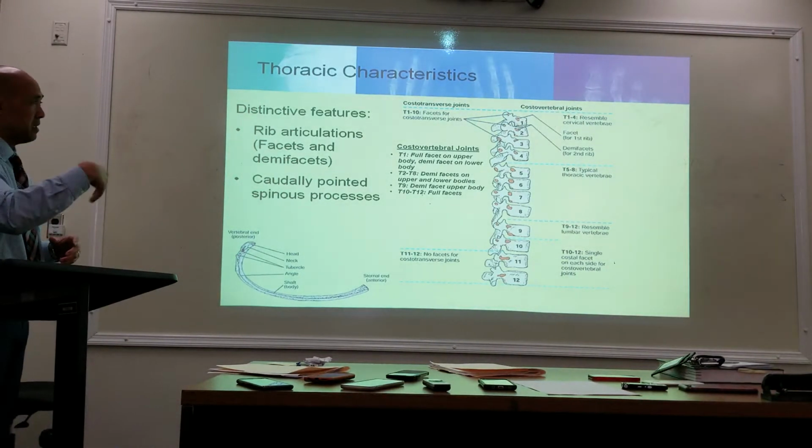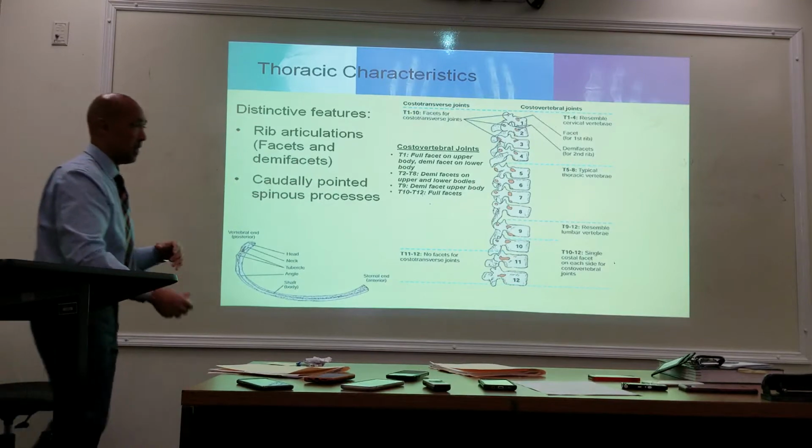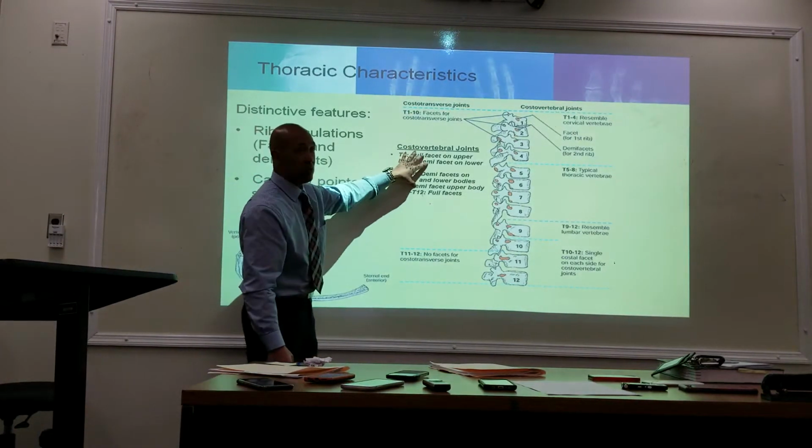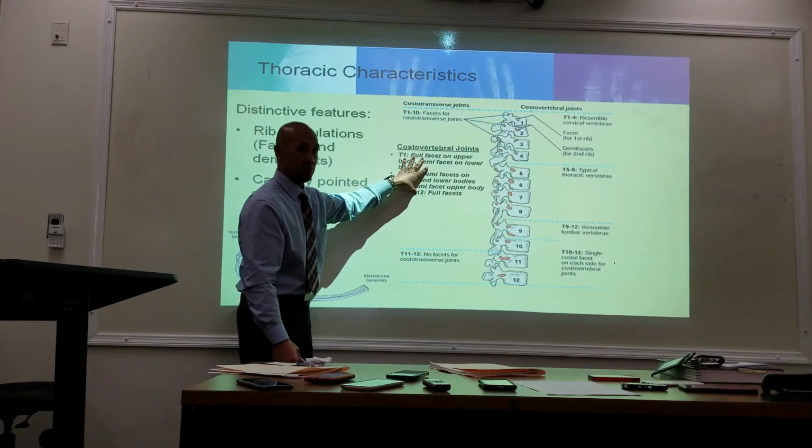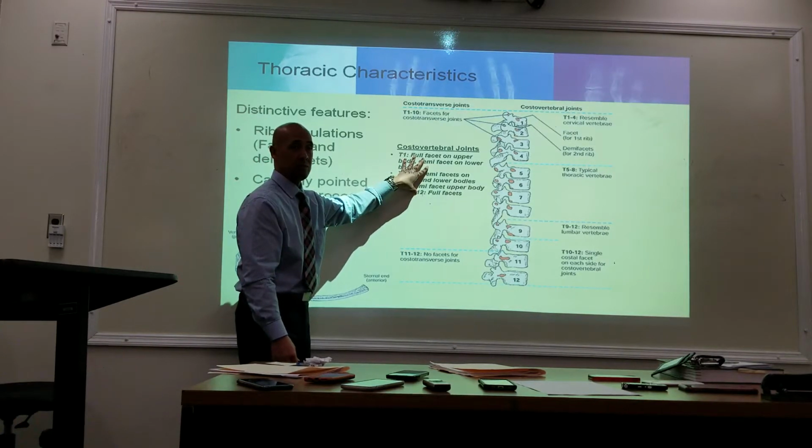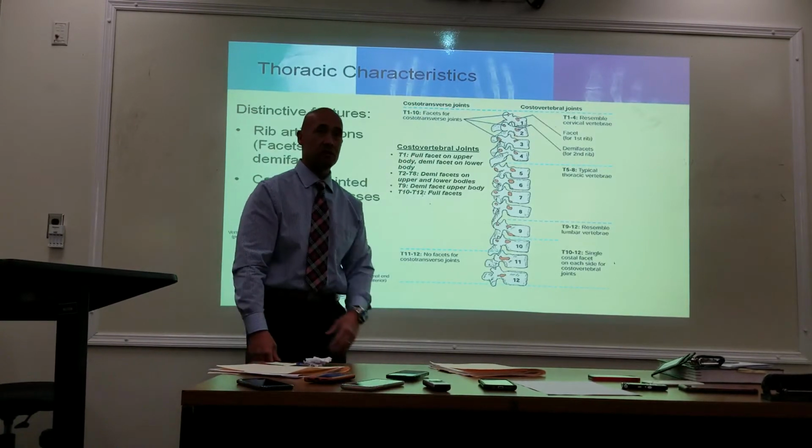Now this looks a little bit confusing because I had nowhere else to put this, okay? This is referring to the costovertebral joint. So what's that joint? The head of the rib and the body of the vertebrae.